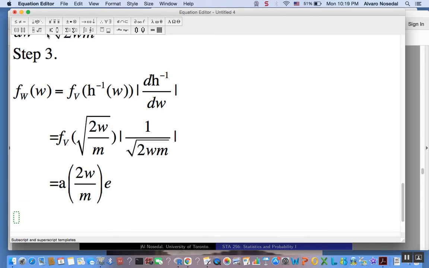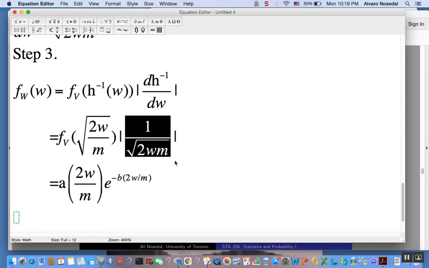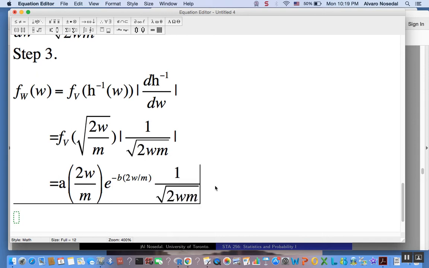E to the power negative b times v squared, which is again this guy here, right? So let me copy paste this guy. Well, let me write it down here. 2w divided by m, that would be v squared, okay, times this, the absolute value of the derivative from step 2.